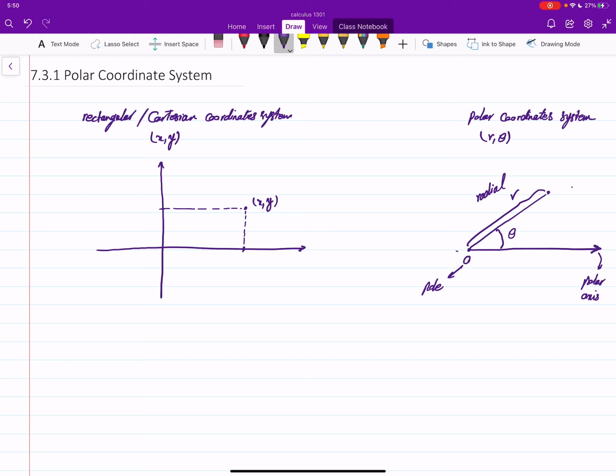You remember the convention: counterclockwise is positive, clockwise is negative angle, and so on.